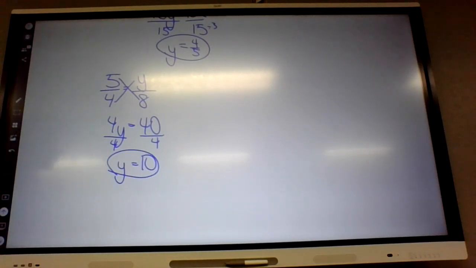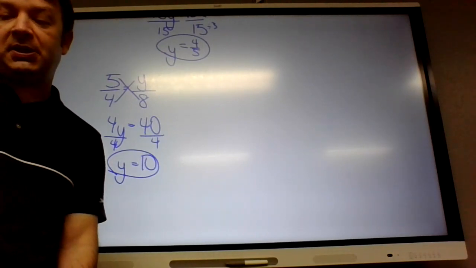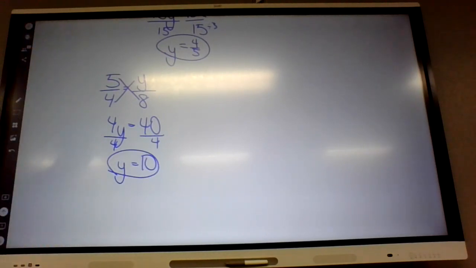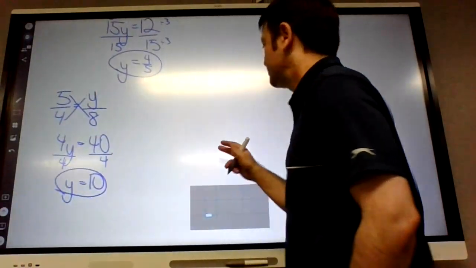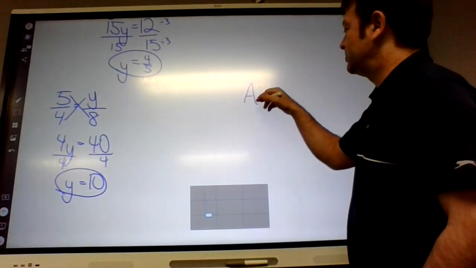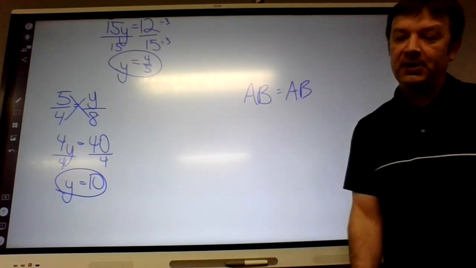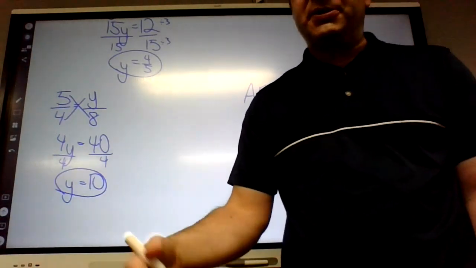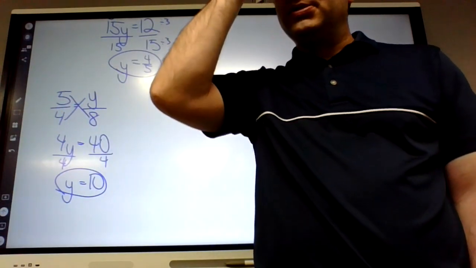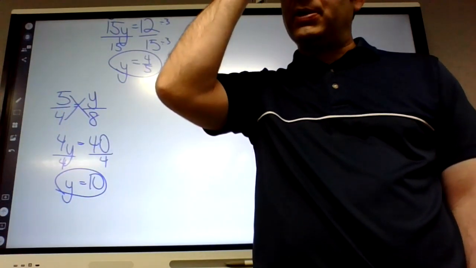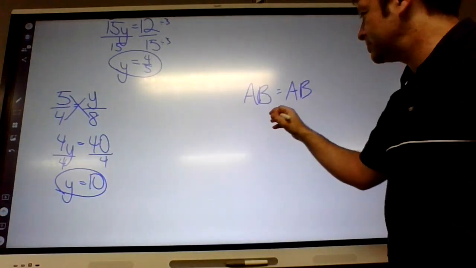Okay, number 17, varies inversely. How did I say varies inversely sets up? It's just a times b equals a times b. Maybe a little bit easier, or x times y equals x times y, I guess. So in number 17, y is 9 when x is 10.